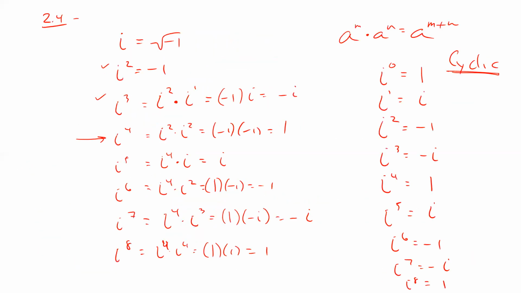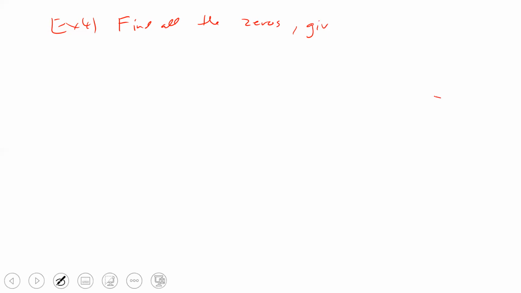And then one last one, part of the homework section. Example 3, example 4. So find all the zeros, given a 0.